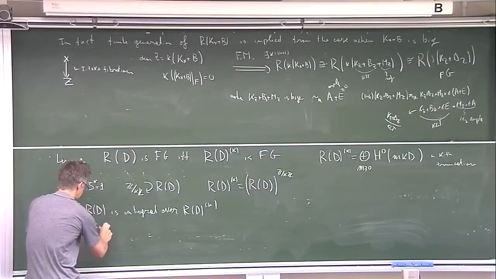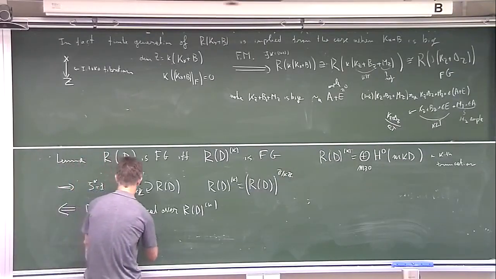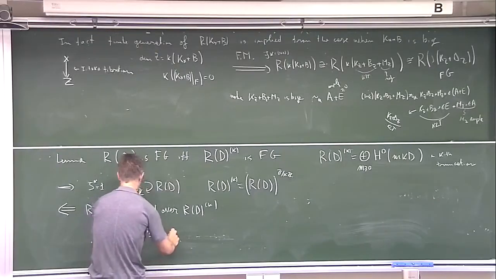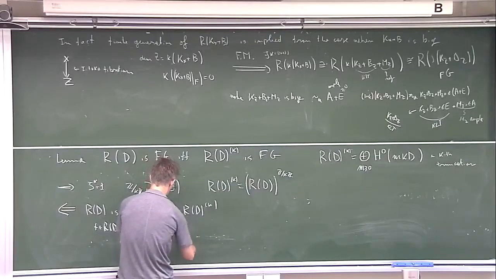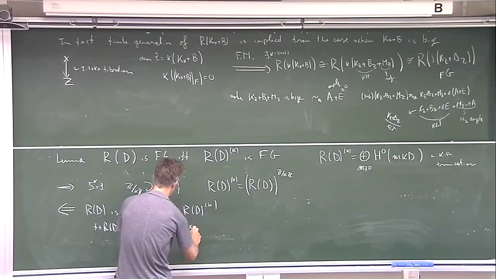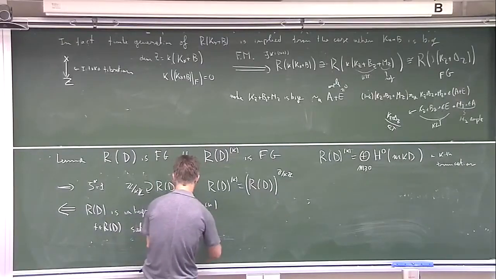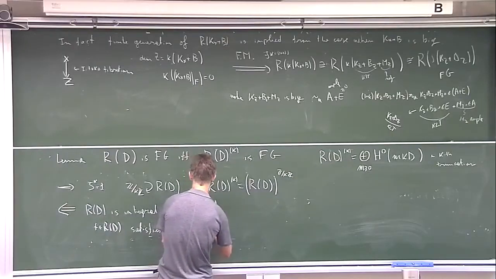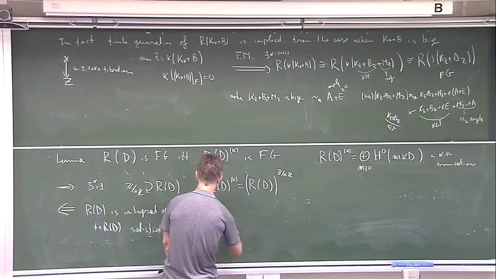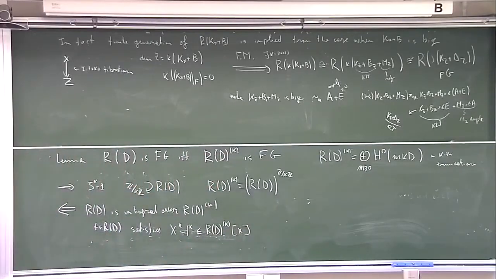Suppose that you start with f in R(D), then it satisfies the monic polynomial x to the k minus f to the k equals 0, which is a monic polynomial with coefficients in this invariant ring. Right, so it's integral over that ring. So another theorem of Noether does it. Yes?